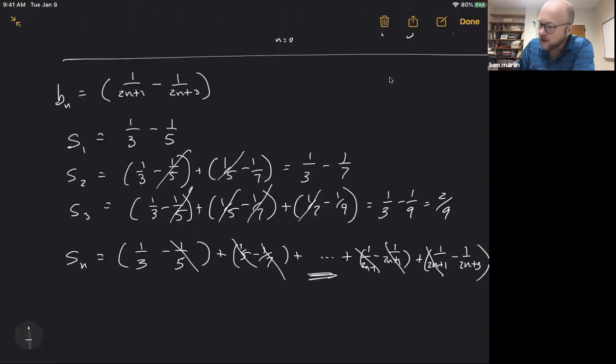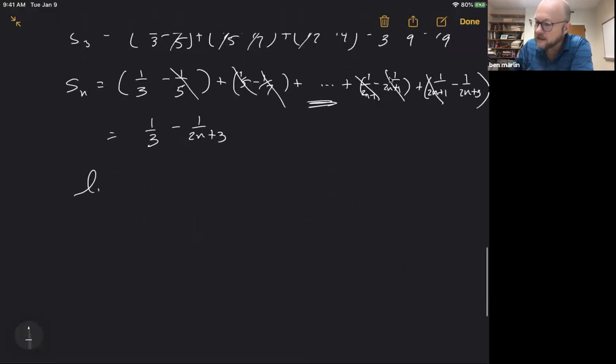So our Sn on this one will turn out to be 1/3 minus 1 over 2n plus 3. And that means that in this case, we can actually take a limit as n goes to infinity of the Sn, not the An, the Sn. And when we do that, we will get 1/3.